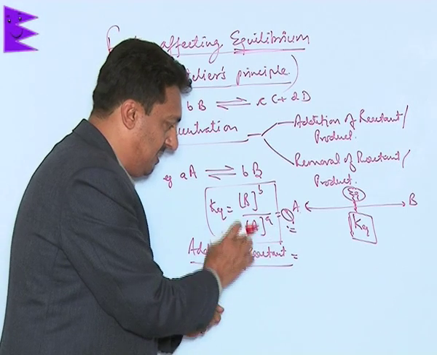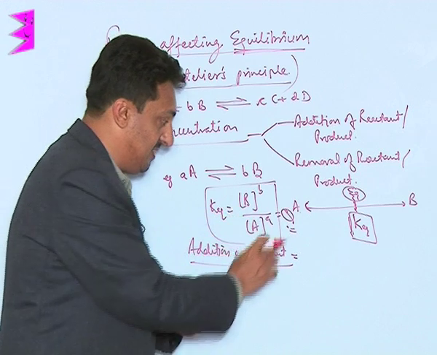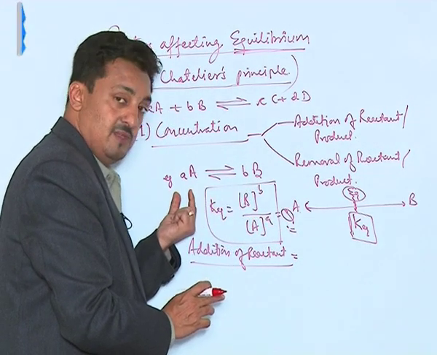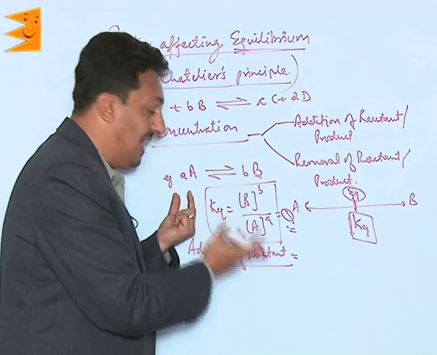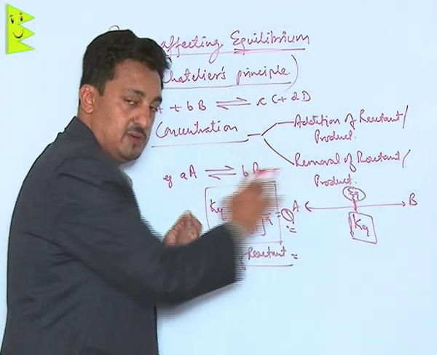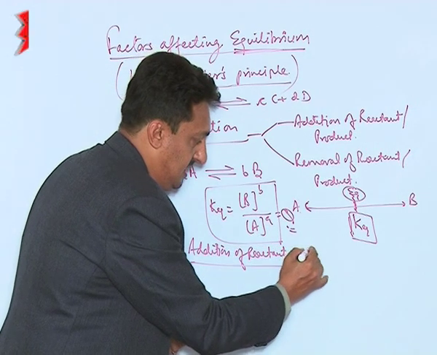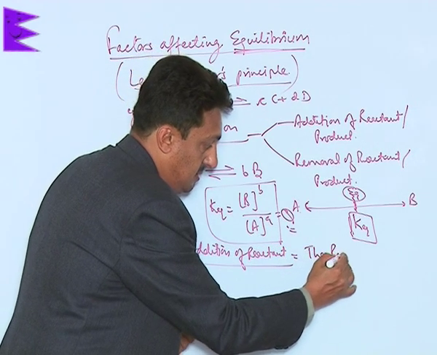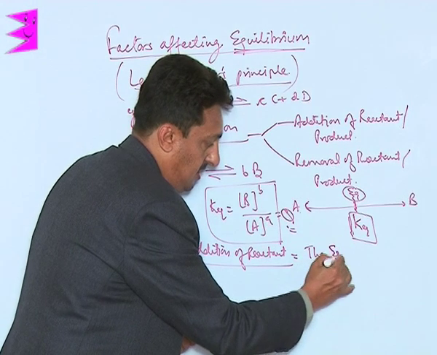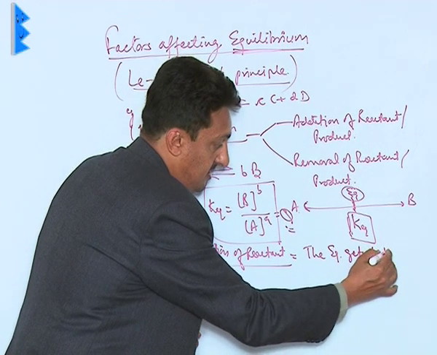This larger denominator will make the value of Q less than K equilibrium. And you know that when Q is less than K equilibrium, it means the system is not towards the reactant side. How will it readjust? It will move toward the forward side. So when addition of reactant is done, the equilibrium gets disturbed.